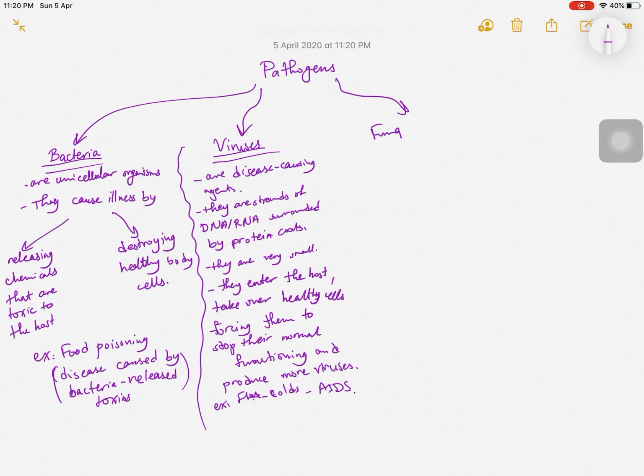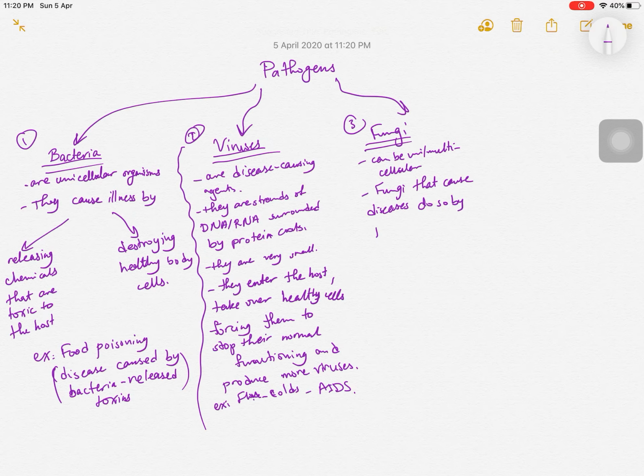The third type of pathogen is fungi. These can be unicellular or multicellular. Fungi that cause diseases do so by piercing the cell and taking its nutrients.